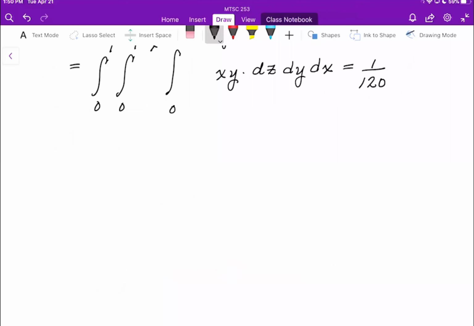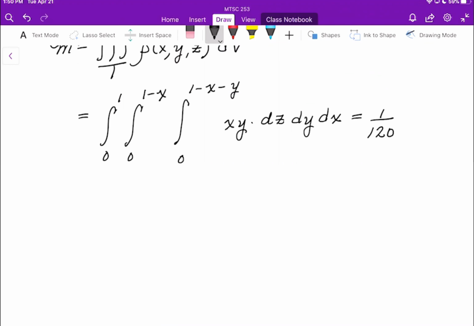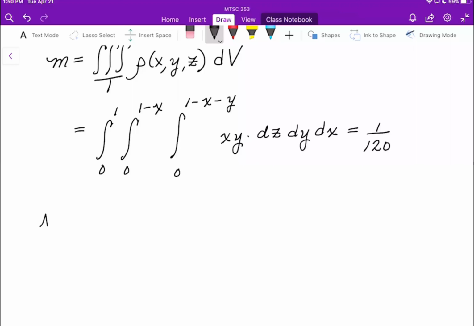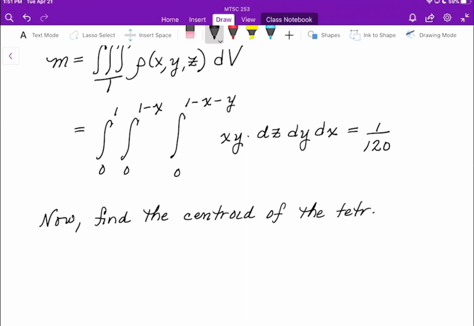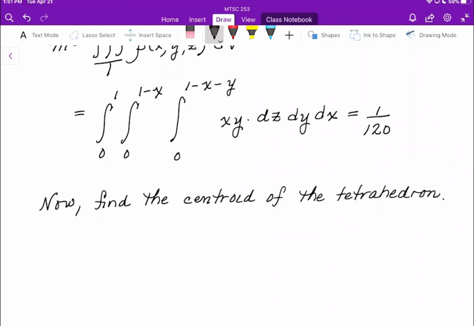All righty. Now I want you to find the centroid of the tetrahedron. Still the same problem. I haven't started another example.